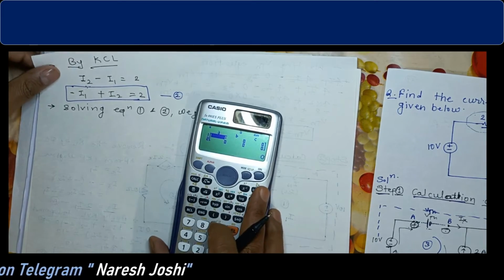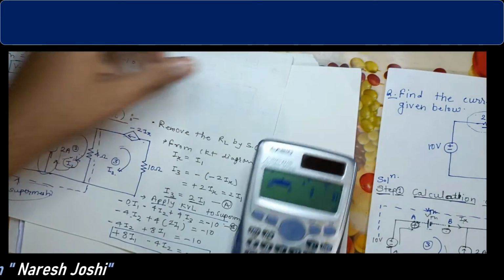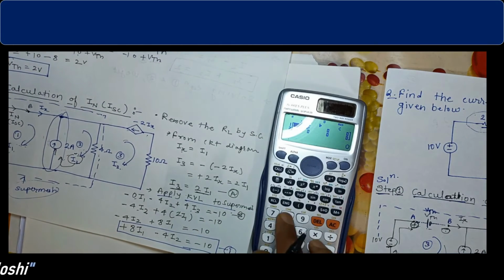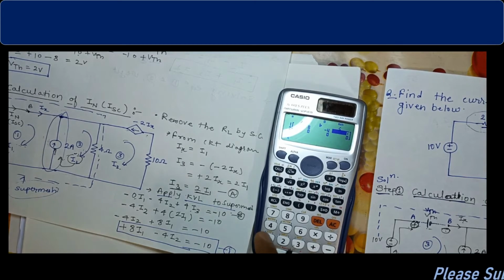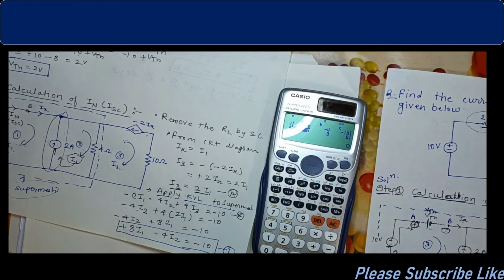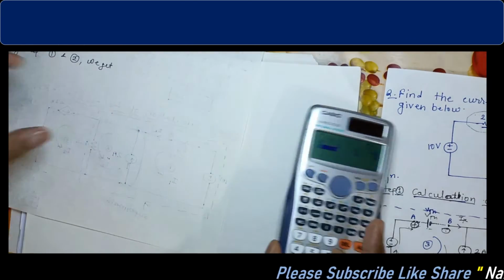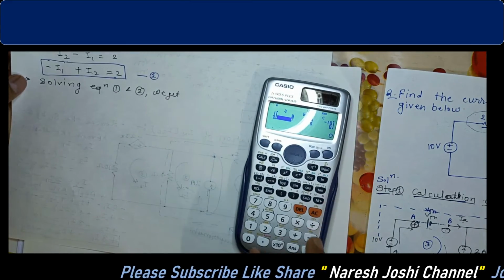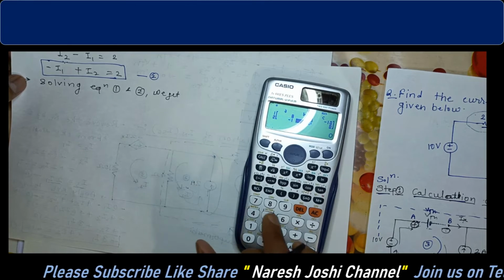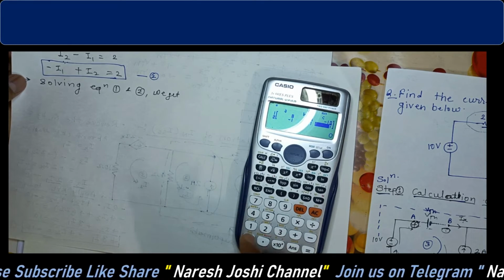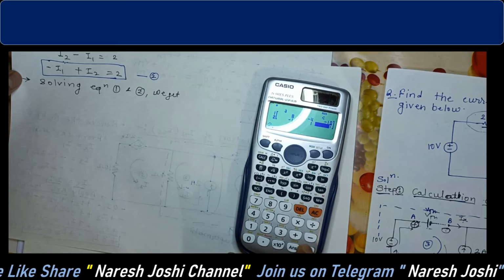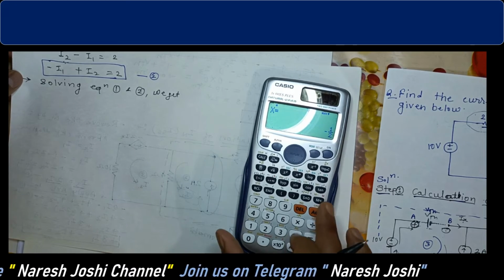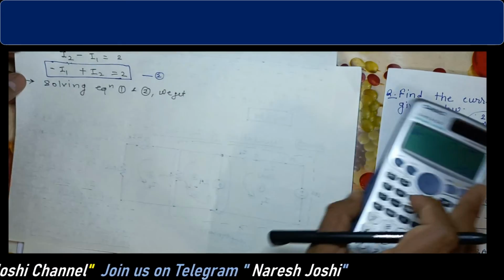So in the first equation, what we have, we will put here 8, then minus 4, then minus 10. Next, the magnitude is minus 1, then I put 1, and then I put 2. So this is minus 0.5.